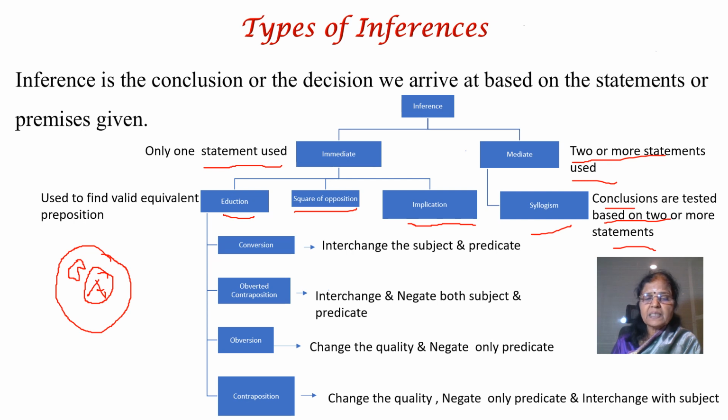Yes, if all A's are B, the statement that some A's are B should be true. That is implication. If the proposition given is all A are B, the implied meaning, the hidden meaning, is not stated explicitly. Implicit is the opposite of explicit. It is not stated outwardly, but the meaning is hidden there.